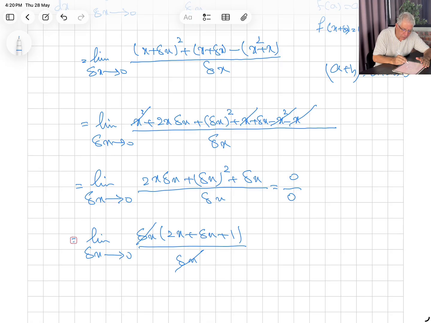So now when delta x goes to 0, this goes to 0, but it remains 2x plus 1. Therefore, the answer is 2x plus 1. That means derivative of the function, rate of the change of y with respect to x, is 2x plus 1. That means gradient at every point on the function x squared plus x is 2x plus 1.